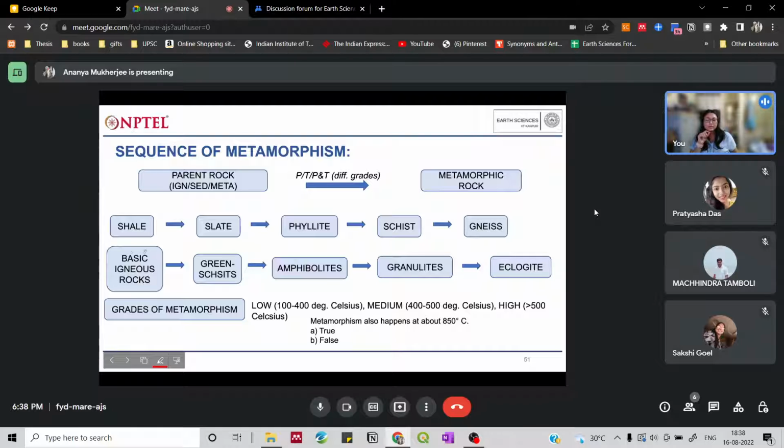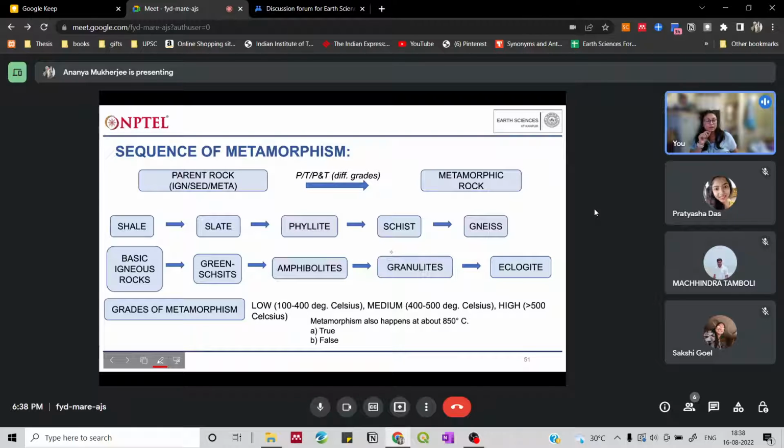Now if we consider basic igneous rocks, what are basic igneous rocks? Igneous rocks which contain mostly calcium, aluminium and magnesium silicates. They are usually dark colored rocks. Due to the mineral composition of the basic igneous rocks, a different sequence would be formed. If you have high pressure, you will have greenschist forming. Then with further high pressure and some increase of temperature, you will have amphibolites.